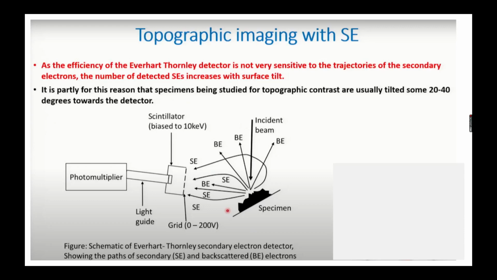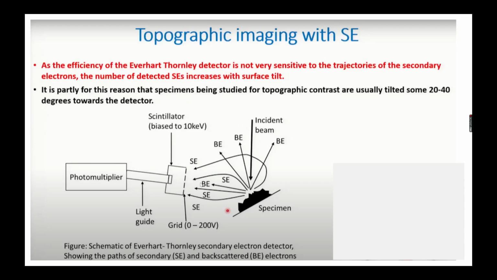As the efficiency of the ET detector is not very sensitive to the trajectories of the secondary electrons, the number of detected secondary electrons increases with the surface tilt. It is partly for this reason that specimens being studied for topographic contrast are usually tilted 20 to 40 degrees towards the detector.